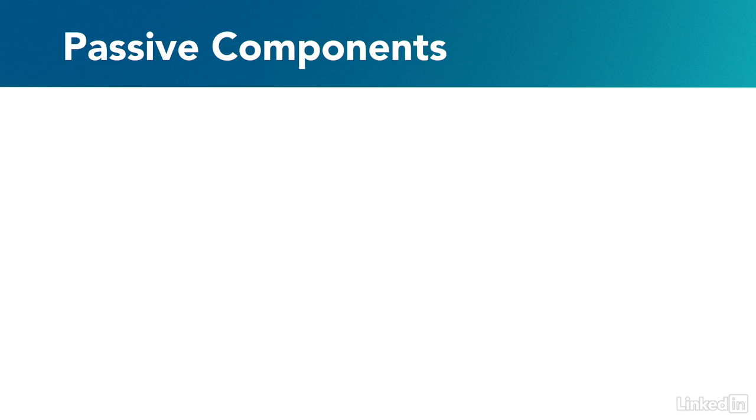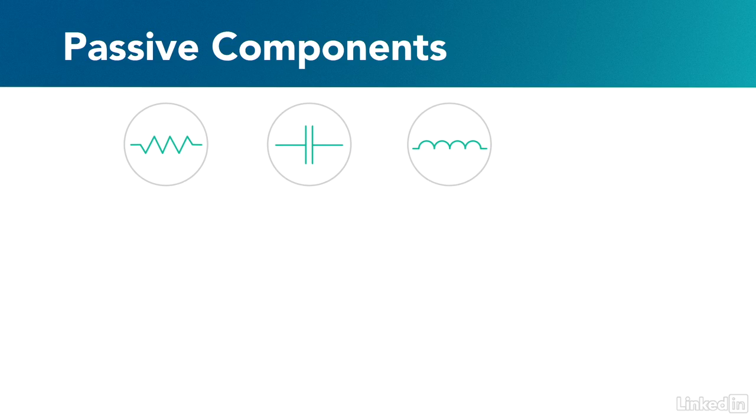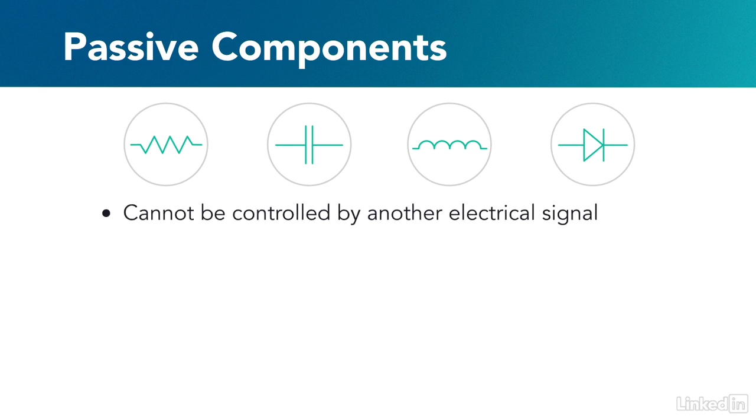The opposite of active components are a category of devices called passive components, which includes resistors, capacitors, inductors, and even diodes. Passive components cannot be controlled by another electrical signal. They only respond to the voltage across them and the current through them.